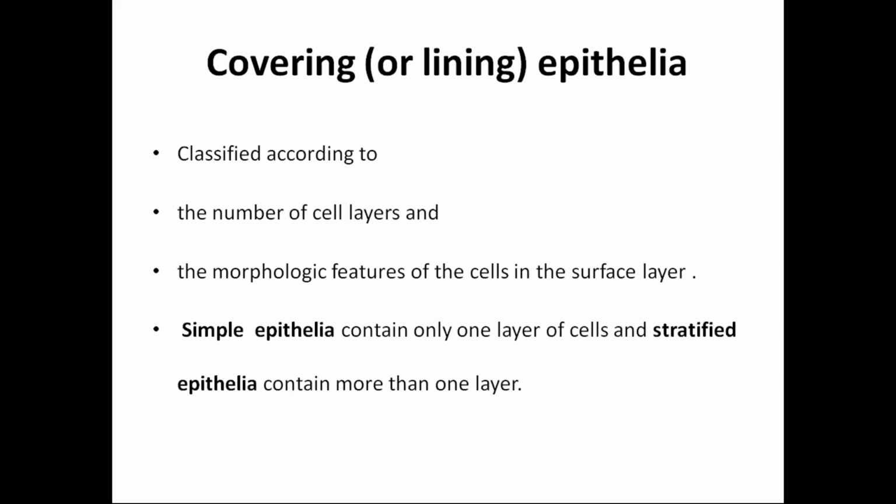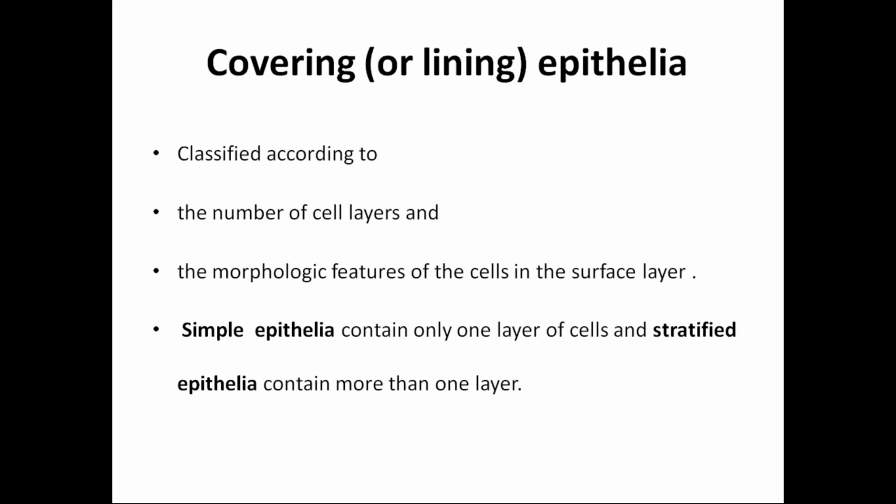So the number of cell layers and the morphological feature of the cells on the surface give the name of the cell. Simple epithelium contains only one layer of cells, and stratified epithelium contains more than one layer. This is the main heading of covering or lining epithelium, classified in that order.